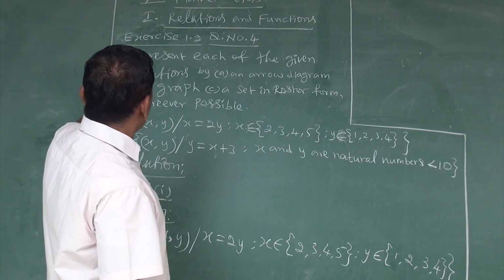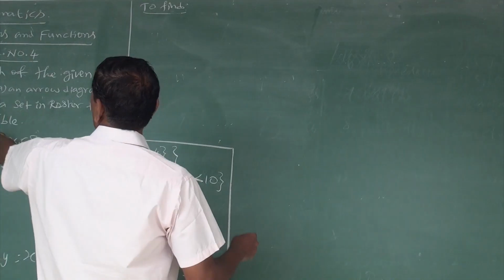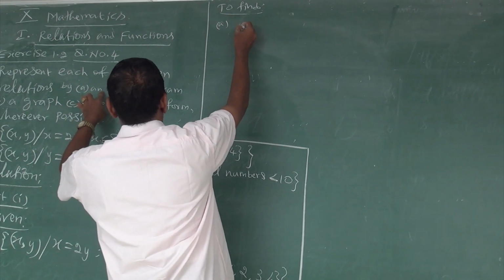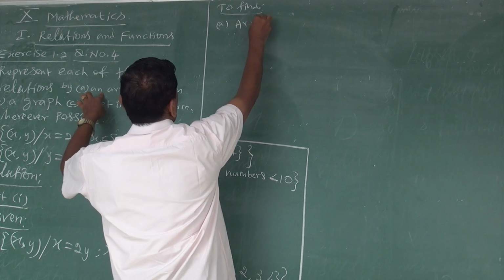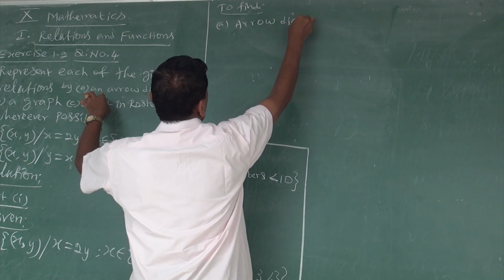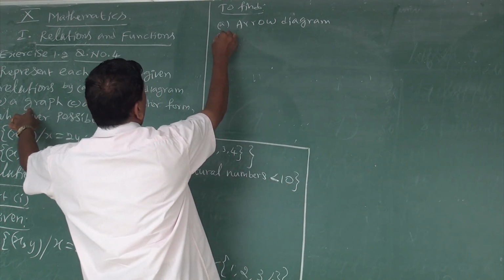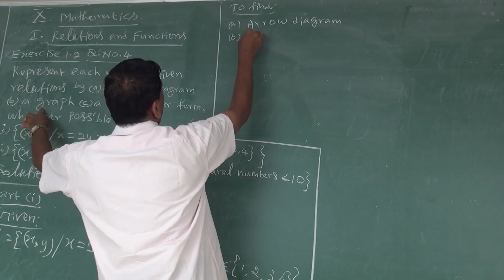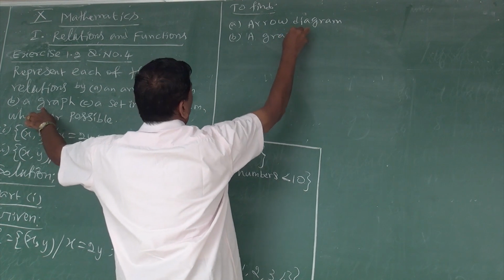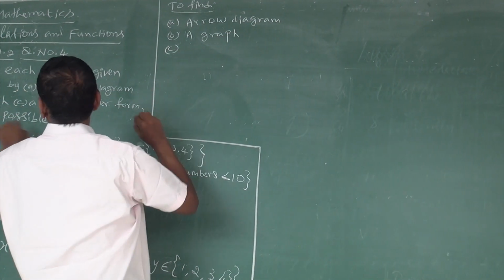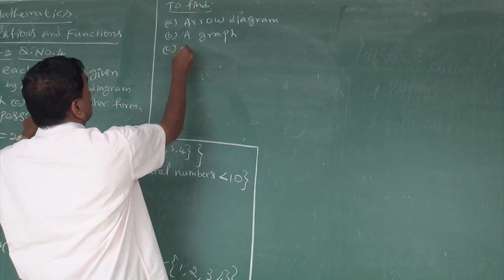Next, to find: subdivision A, an arrow diagram, subdivision B is a graph, and subdivision C is a set in roster form.